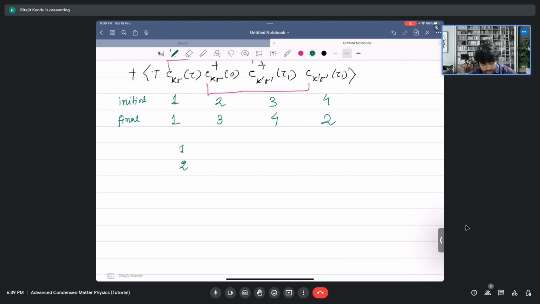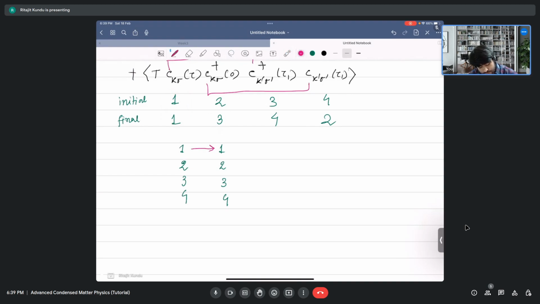So I'm just writing the list 1, 2, 3, 4, and again 1, 2, 3, 4, and let's draw arrows showing which thing goes where. So 1 actually doesn't change place, because we're not moving 1.